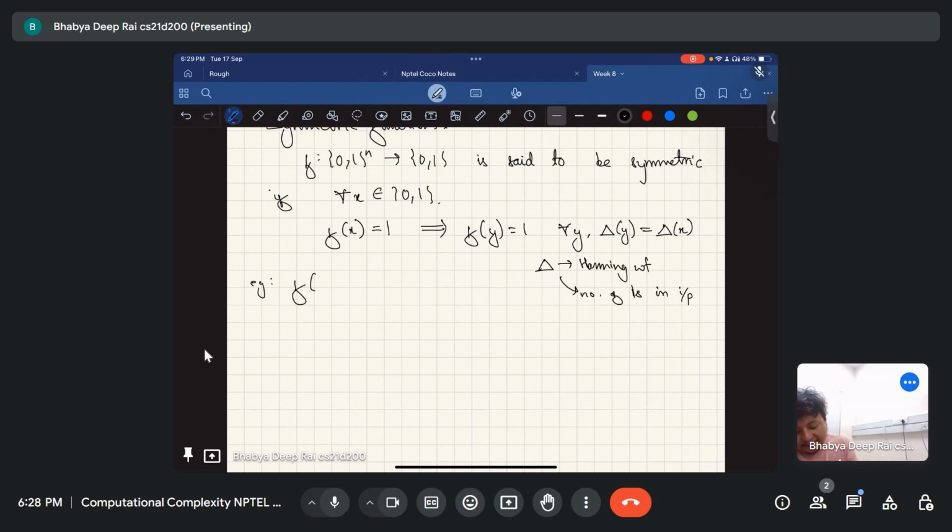Okay, so examples: if f of 1 1 0 1 1 1 1 0 1 0 is equal to 1, then all those strings which have 3 ones will also be equal to 1.